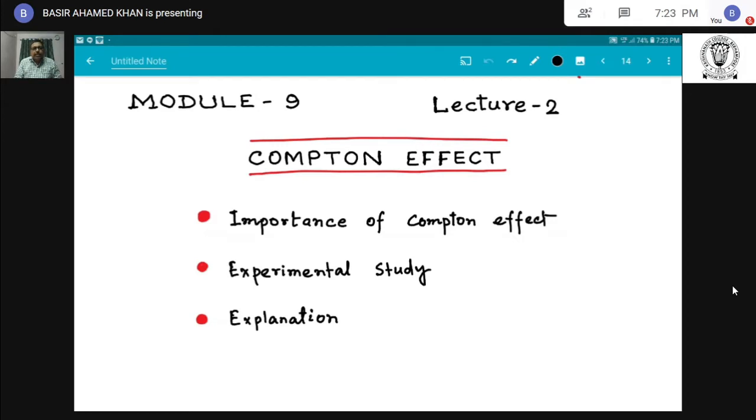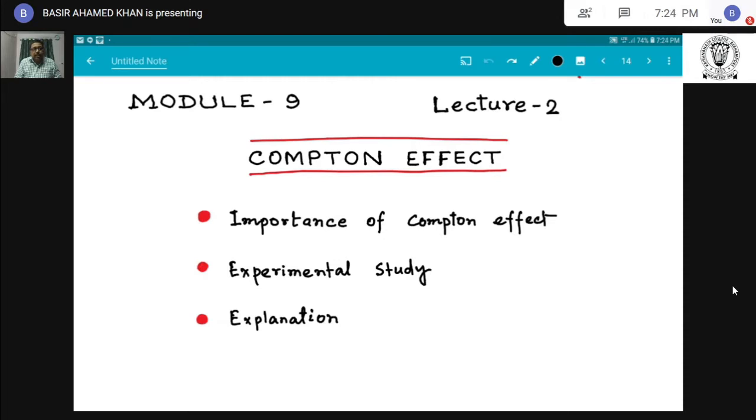In my previous lecture in this module, I already discussed the photoelectric effect, its importance, and the famous Einstein relation of the photoelectric effect. The same applies to the importance of the Compton effect also. What is the importance of this Compton effect?